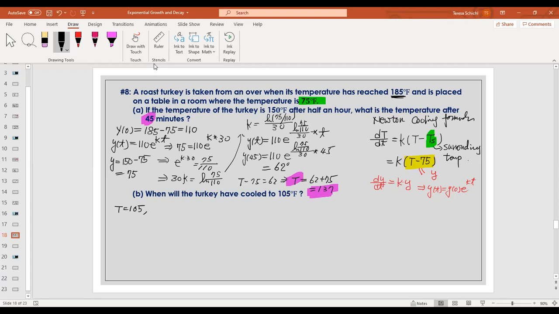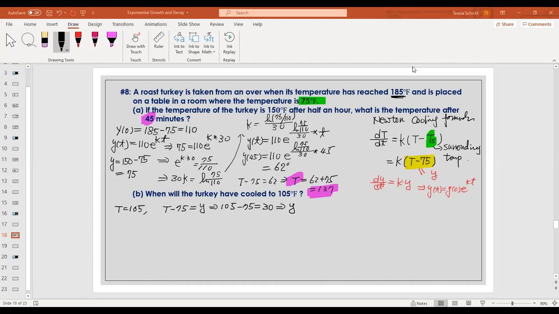So I know T minus 75 is equal to y, right? So it will be 105 minus 75, so it's equal to 30. And then this is my y value here. Okay, so be very careful, right? So now y is equal to 30.